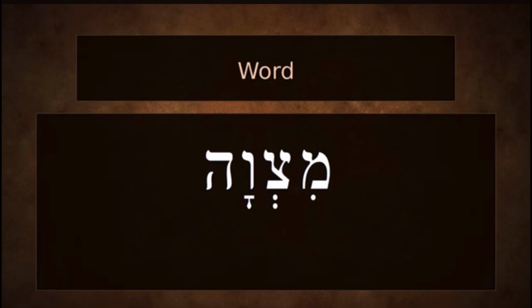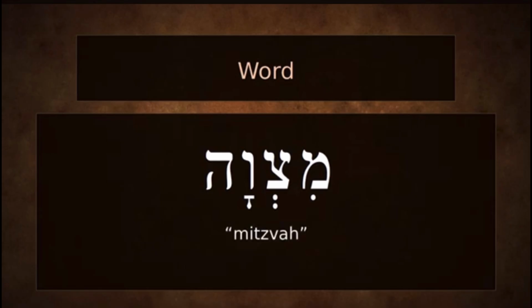The mem is pronounced ma, chirik is I, tzadi is tsa, so our first syllable is mitz. Then we have a shva, which makes no sound. Finally, the vav with a kametz would be pronounced va, and the hey on the end is silent. So our first syllable would be mitz, and the second syllable, va.